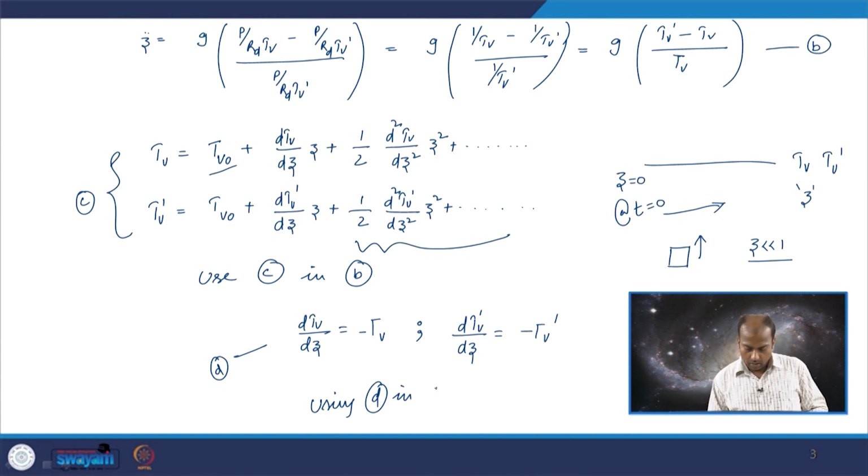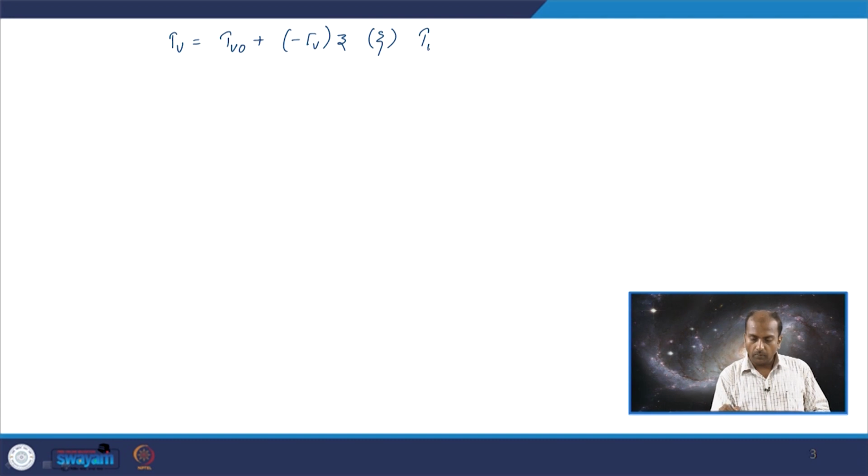Okay. So, let us say this is equation D. Using D in C, we can write, TV is TV0 plus minus gamma V times Z, and TV prime is equal to TV0 plus minus gamma V prime Z. Okay.